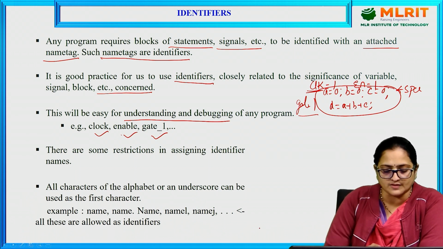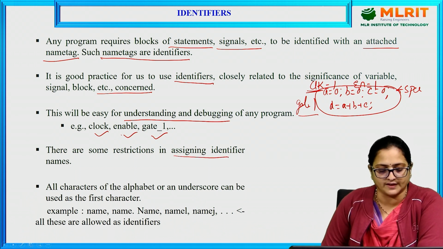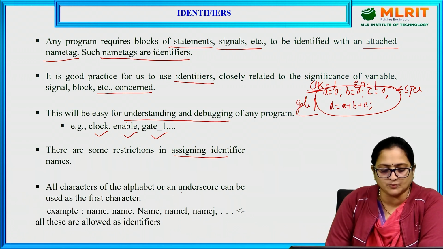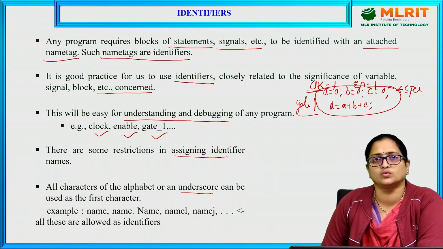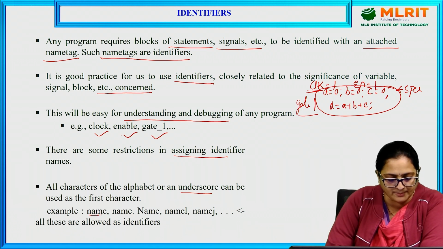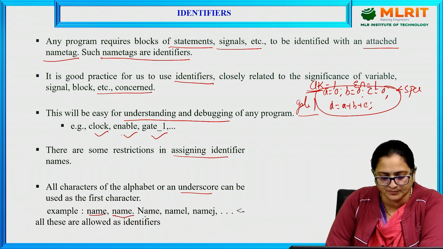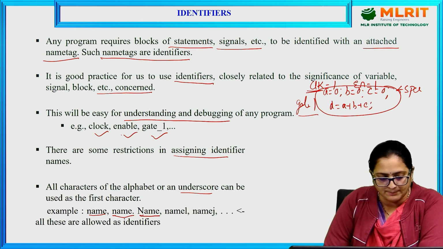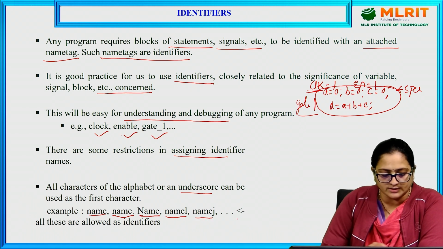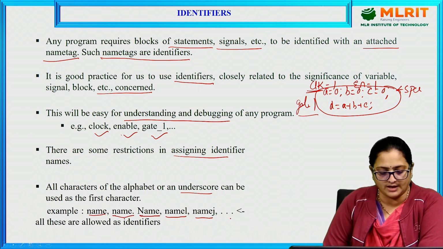These are some restrictions in assigning identifier names. What are those? All the characters of the alphabet or underscores can be used as the first character. For example, name, capital N, AME, and NAMEL, NAMEJ. These are the examples I have taken here.